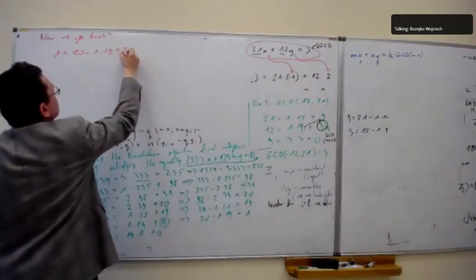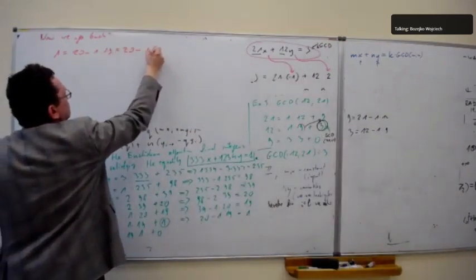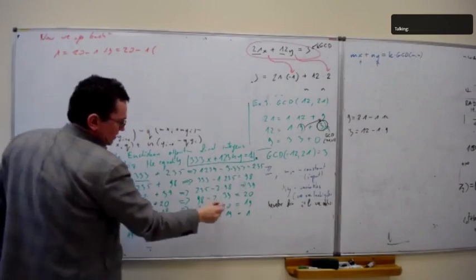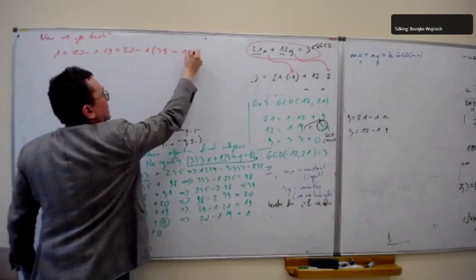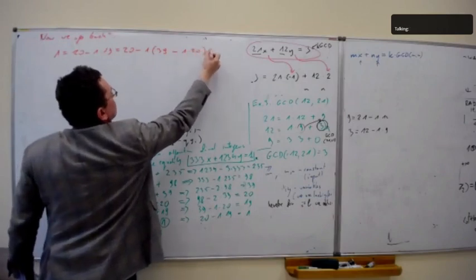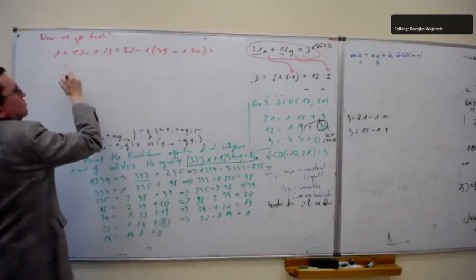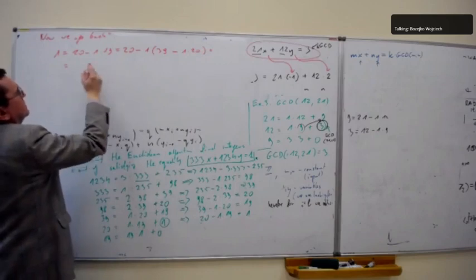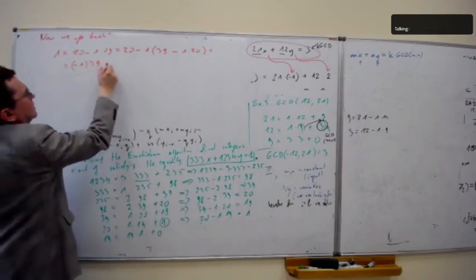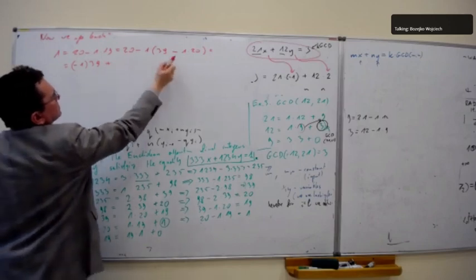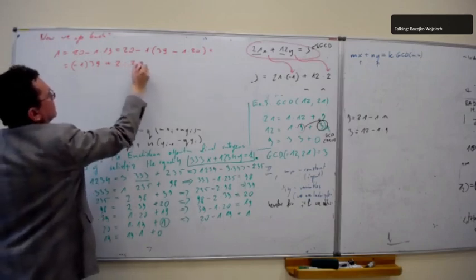Okay, so this is 20 minus 1 times, and we write what is 19: 39 minus 1 times 20. Let us make an order here. So we have minus 1 times 39, and 20, and this is plus, so this is 2 times 20.